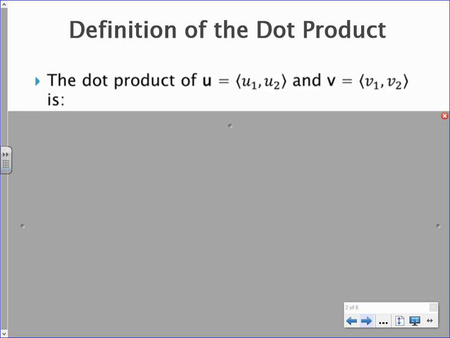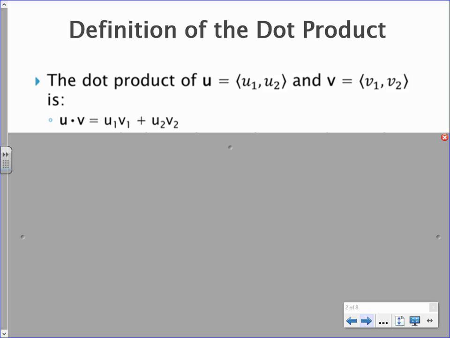And then when you got into algebra, you wrote it as the dot, right? Okay, so we're going to notate the dot product with that little multiplication dot. So we call this u dot v, and what we're going to do, u1 and v1 get multiplied together, so the horizontal components get multiplied together, plus u2, v2, the vertical components get multiplied together.